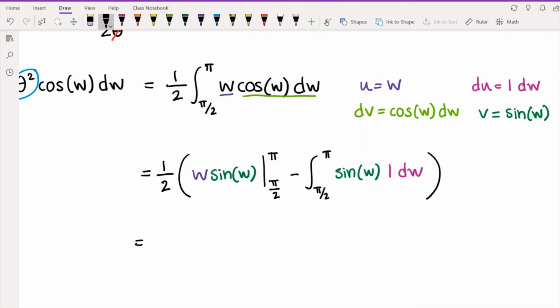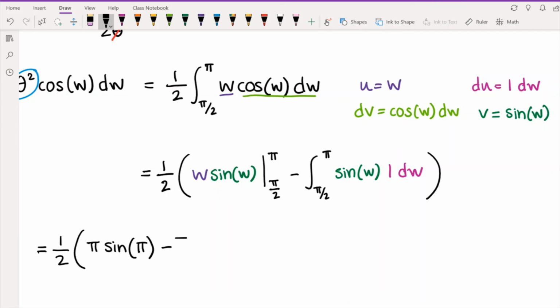So we're going to have 1/2 times, and you can do it either way. You can either find the whole antiderivative and then just plug in, or you can plug in as you go. I like to do it as I go, but it might actually be easier to just find the whole antiderivative and then plug in the numbers at the end. It doesn't really matter. But let's just go ahead and do it now. So I'm going to go over here to give us a little more space. So we have 1/2 times, so if you plug in pi, you get pi times sine of pi.